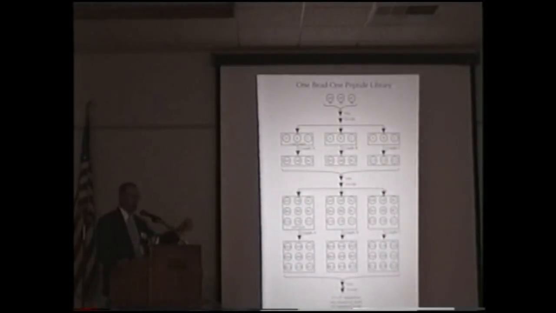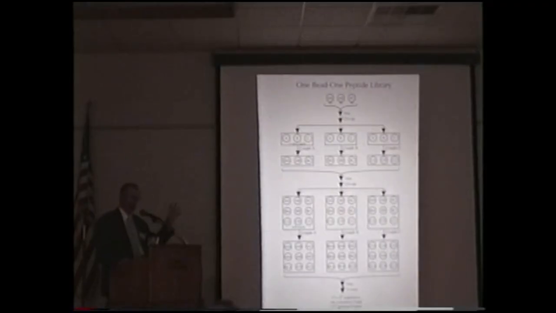You have lots of beads, and they're all mixed in together, but any one of them contains only one peptide sequence. So what you do, and I can't go through all this now, but you get every combination of whatever number of amino acids you put in.